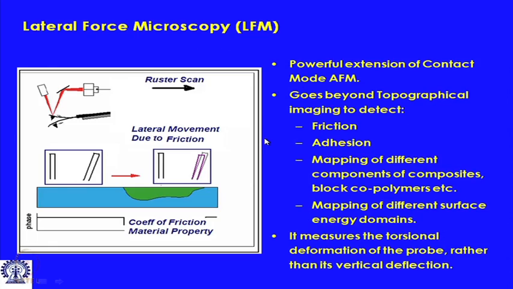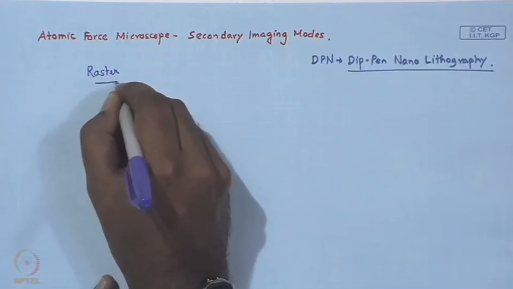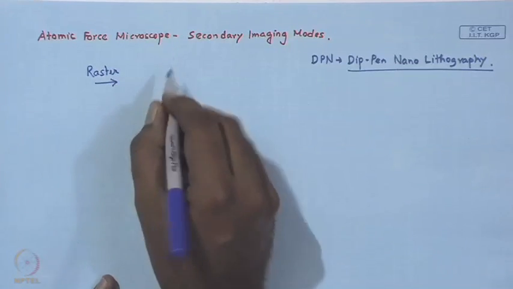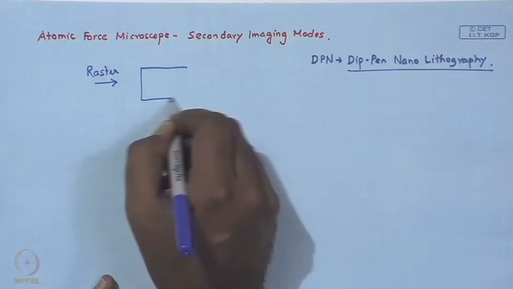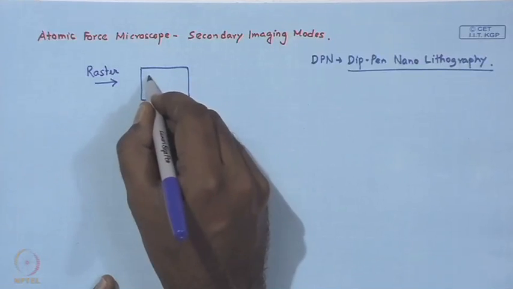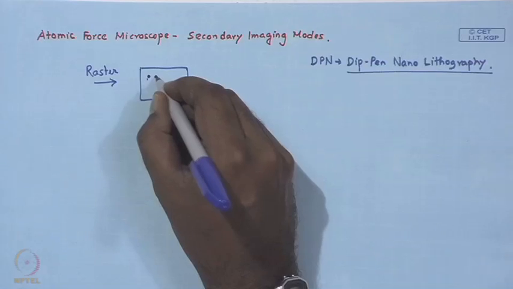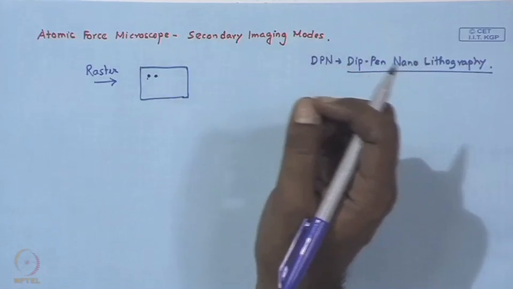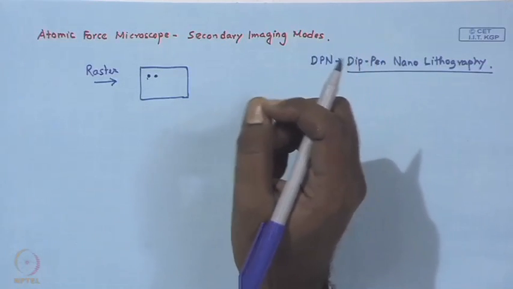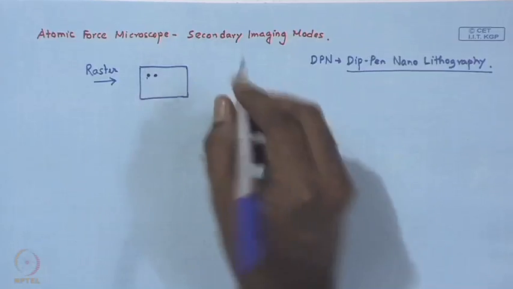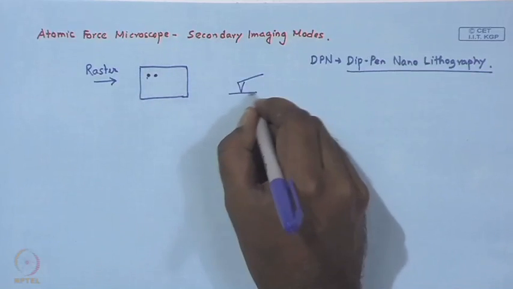So, what is lateral force microscope? Very simply put, it's as follows. During the raster action, you are dragging your cantilever tip along a particular surface. At every instance of time, as the tip visits any specific point, depending on the adhesiveness of the material, there is a force of adhesion between the tip and the surface.